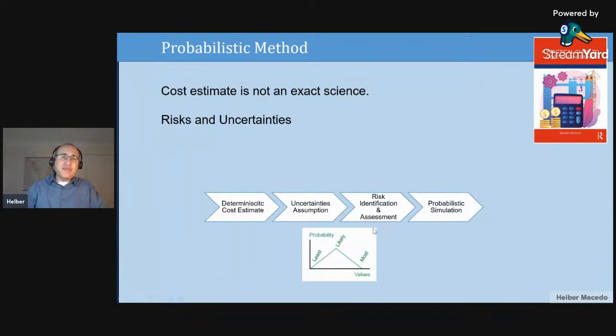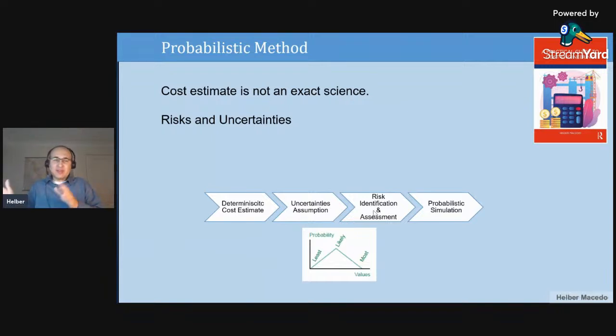So you need to identify your risks, and then assess them, defining the probability and the impact if the risk occurs. So after you define your uncertainties and their values, you do your risk identification and assessment, define the probability and also the impact. Then you run simulations.